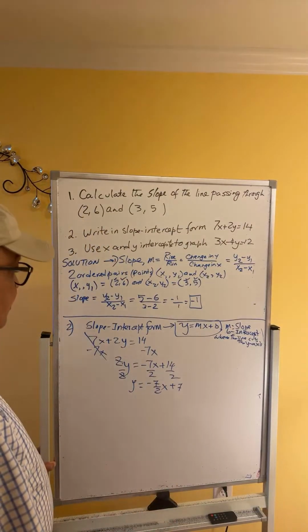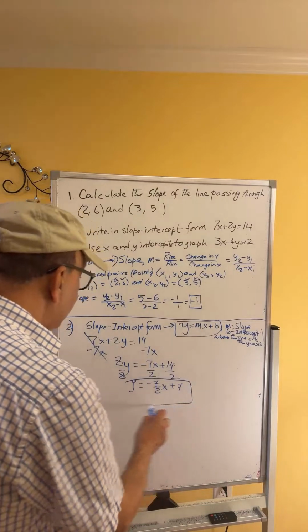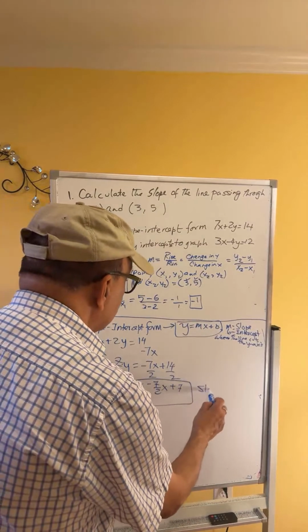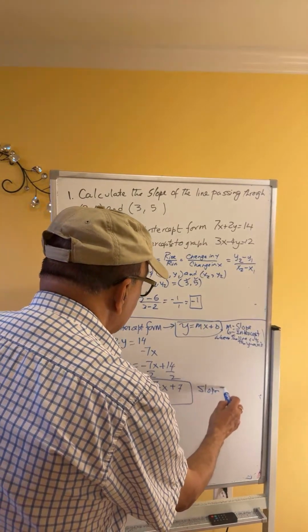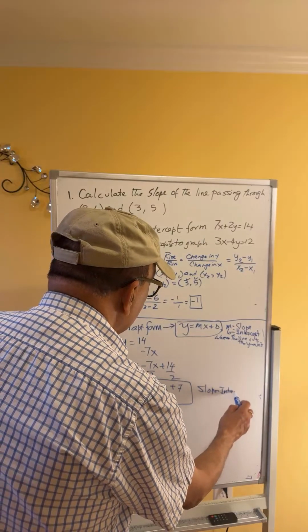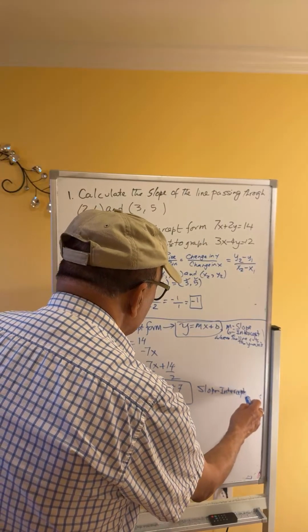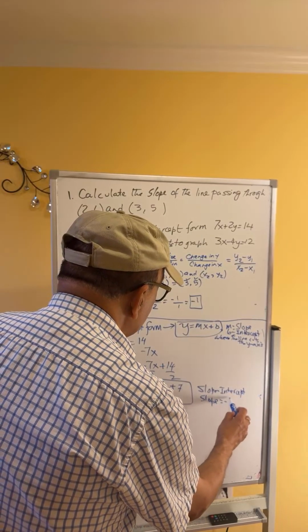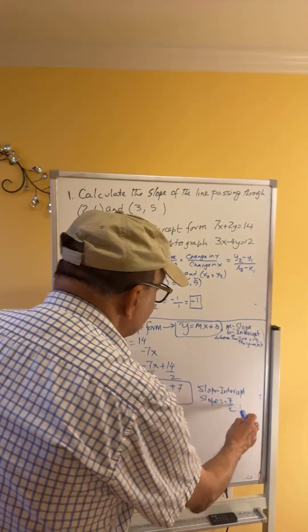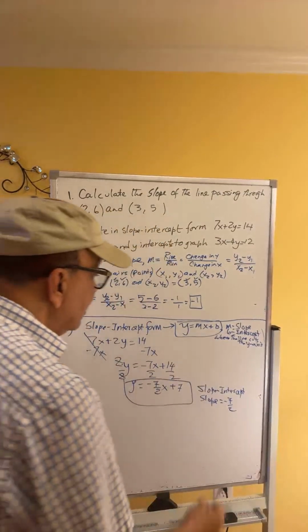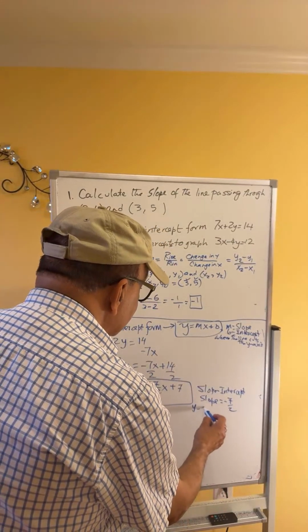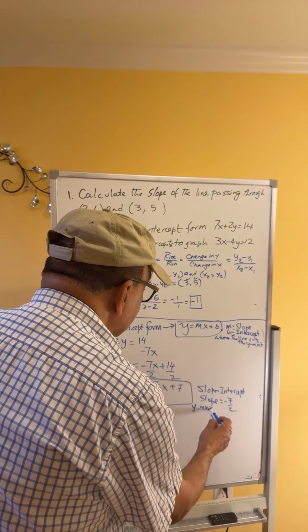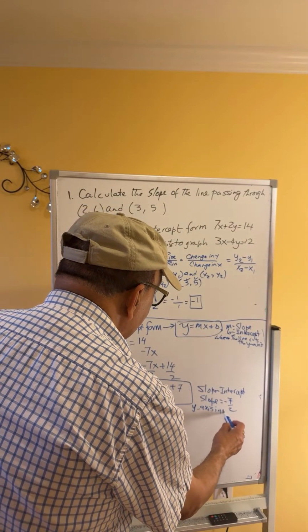So this is the slope intercept form. In this case my slope is the coefficient of x, minus 7 over 2. Since it is negative, we go down the hill, and the y-axis intercept where the line cuts the y-axis is 7.